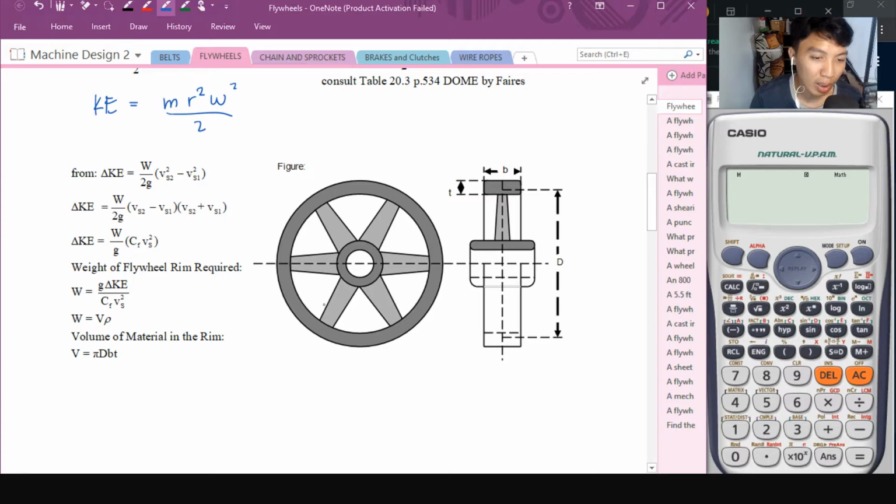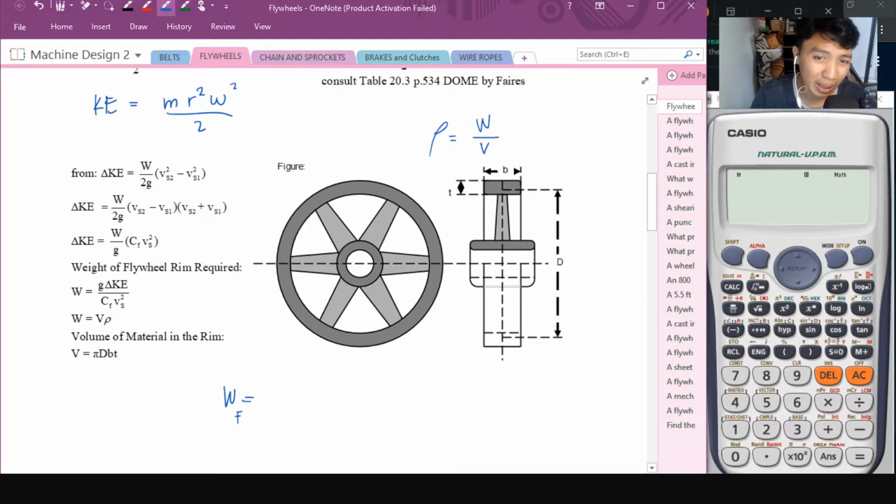Now, if you are asked to find the weight of the flywheel, where can we get the weight? Going back to your thermodynamics, density is equal to weight over volume.